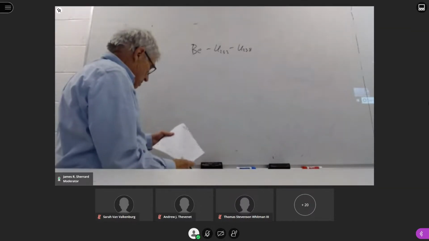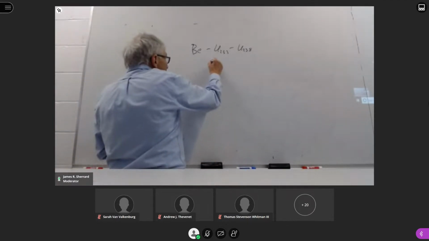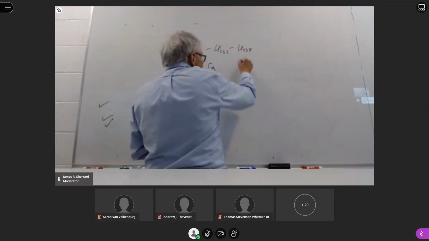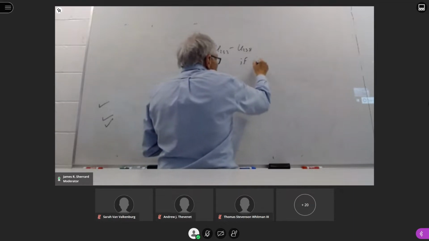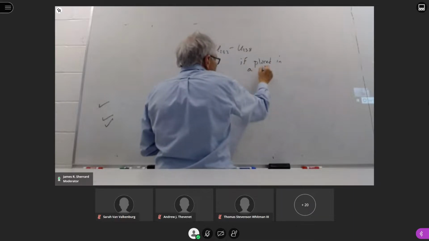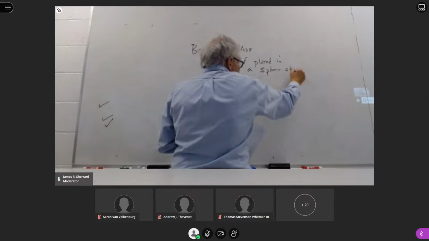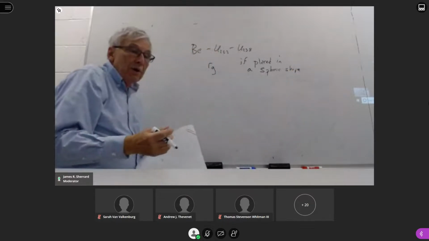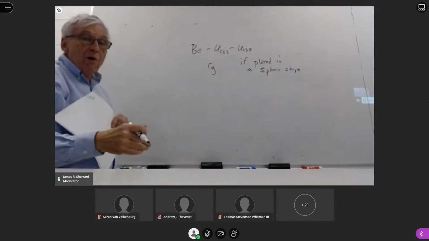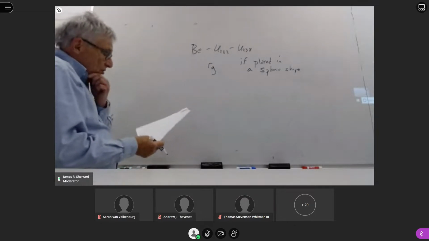And I said, what is the value going to be for R sub G if placed in a sphere shape? Remember before we've put it in an infinite slab, we've also put it in a cube. So now I'm asking you to put it in a sphere.